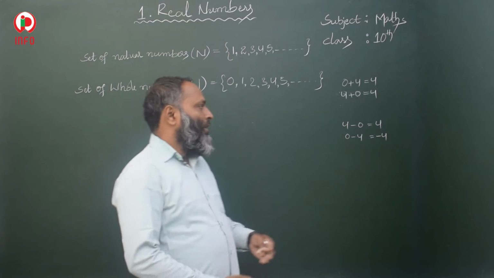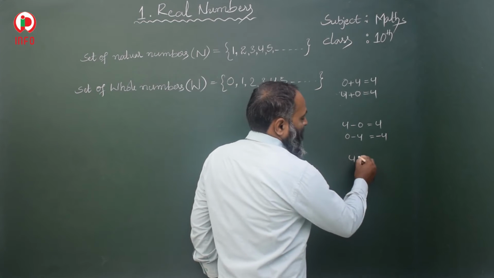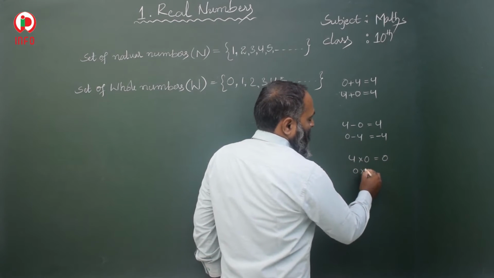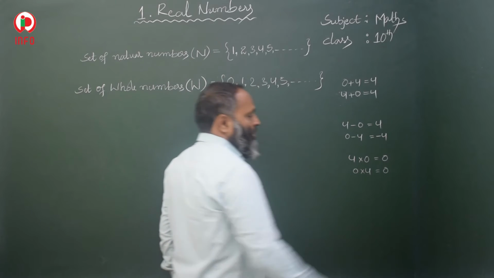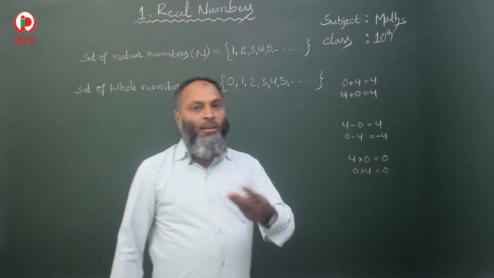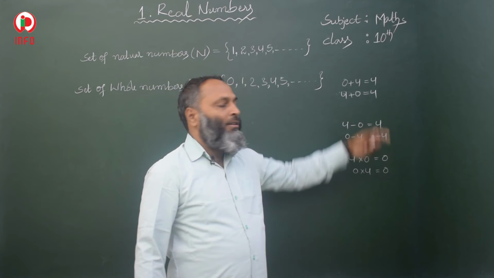With 0, how to add, how to subtract, and how to multiply. 4 into 0, 4 zeros are 0. 0 into 4, 0 fours are 0. If we multiply 0 with any number, the product is 0. If we add any number with 0, we get the same number.